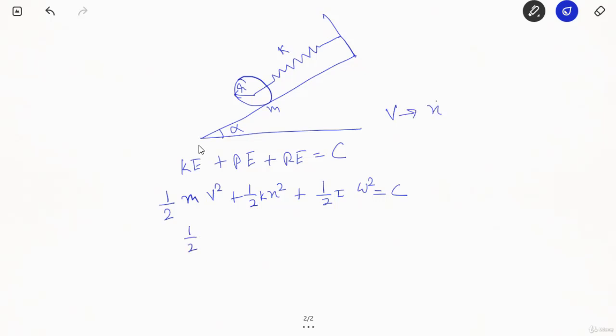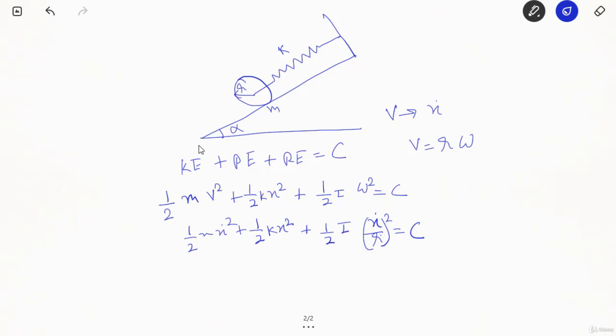So half m x dot square plus half k x square plus half I. We are familiar with the relation v is equal to r omega. So this can be written as x dot by r whole square is equal to constant, right?